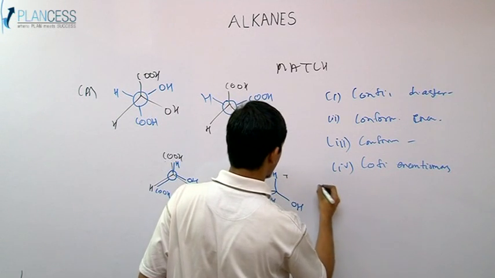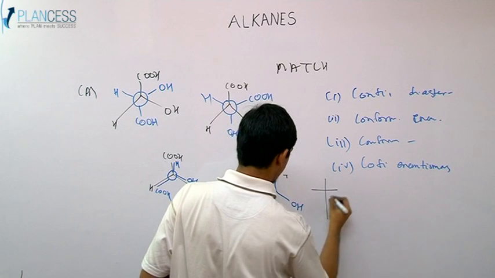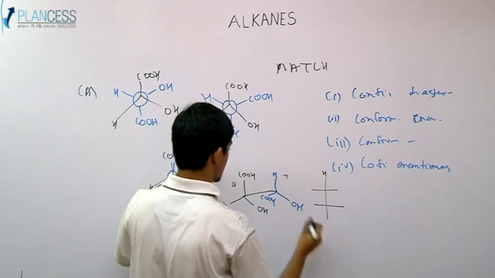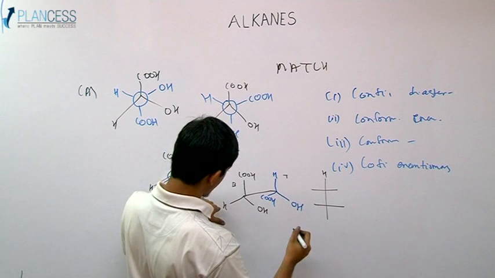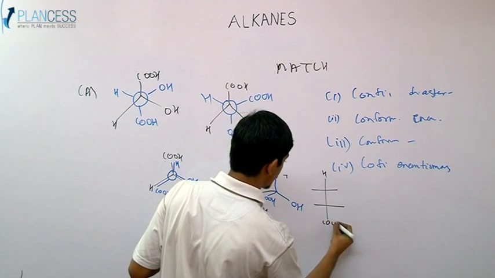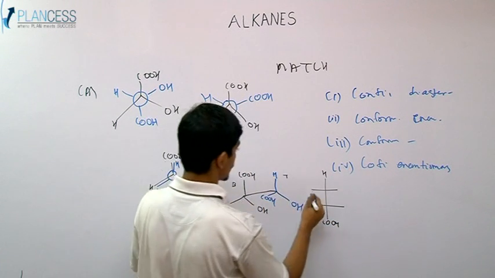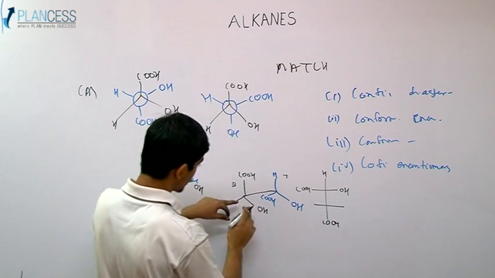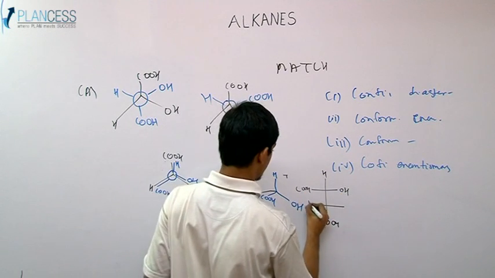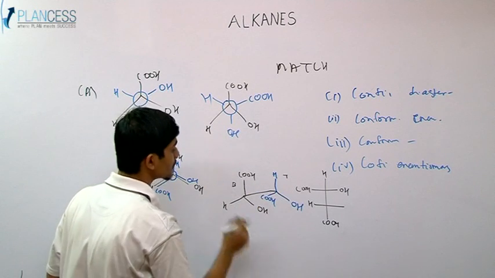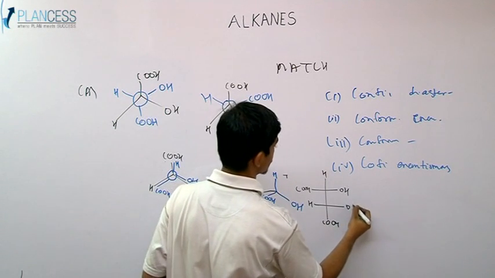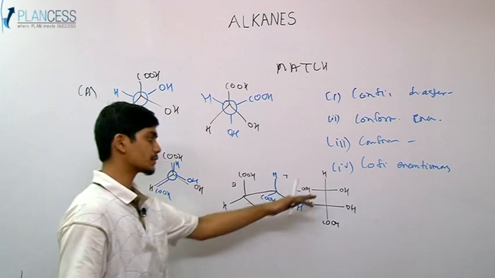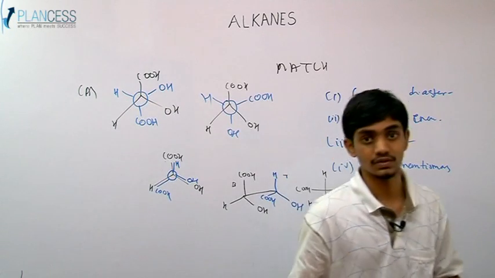So we draw it over here, H and H, like this way, the COH, and we have COH, OH, and we have H and OH. H is on the same side as the COH, OH is on the same side as the COH and the OH. So finally we have got the Fischer projection for this Newman projection.